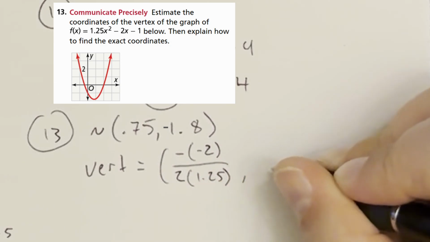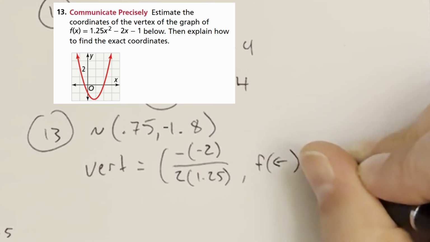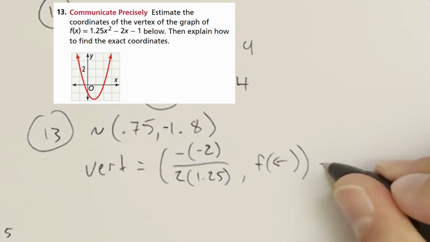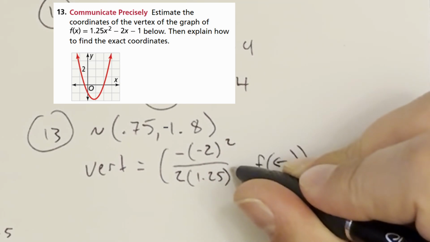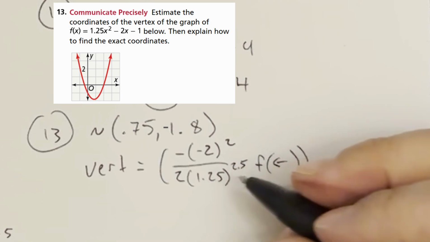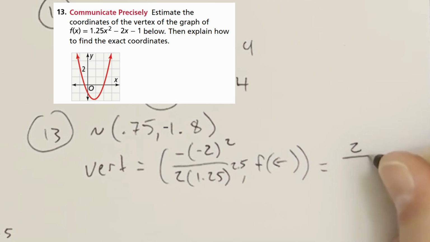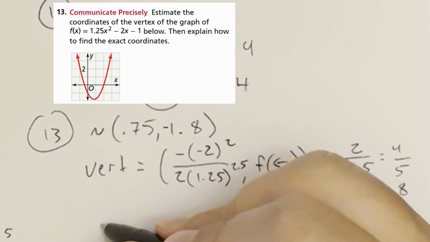And then we plug that result into the equation. So negative negative 2 is 2. 2 times 1.25 is 2.5. And 2 divided by 2.5 is 4/5, which is 0.8. So we have 0.8 on the x value, so I was off a little bit in my estimate.